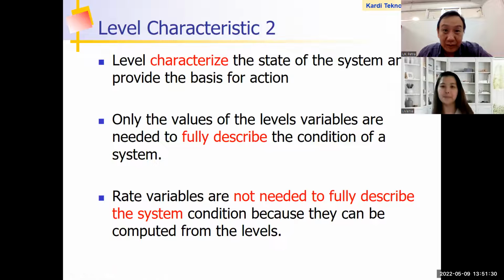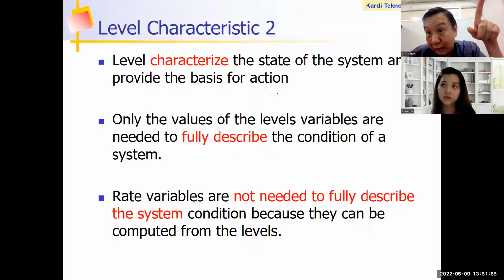The second characteristic of level: level characterizes the state of the system and provides the basis of action. If you want to do some action, you need to base it on information, right? That information itself is represented as a level. So information is a level, not a rate.